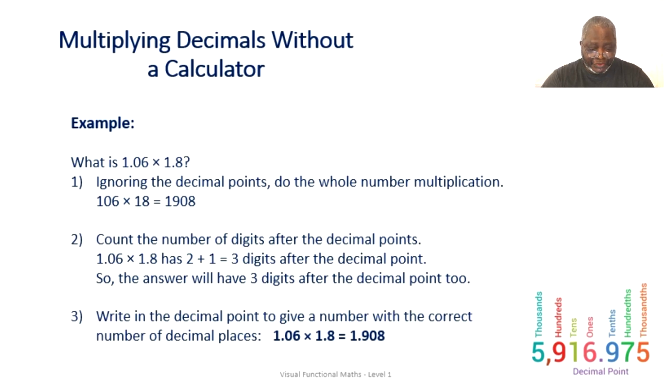Count the number of digits after the decimal points. 1.06 times 1.8 has 2 plus 1 digits after the decimal point. So the answer will have 3 digits after the decimal point. Write in the decimal points to give a number with the correct number of decimal places. So 1.06 times 1.8 is equal to 1.908.